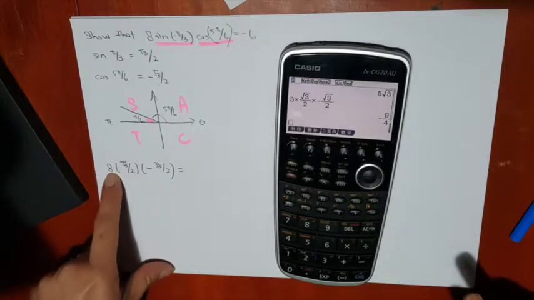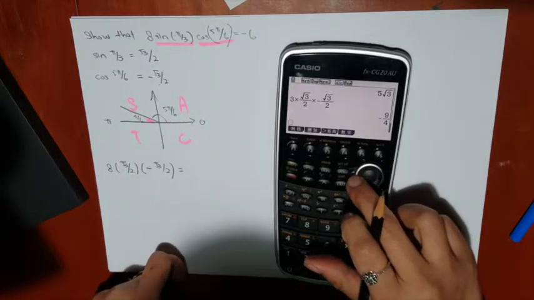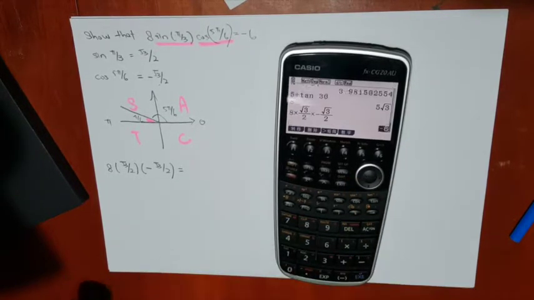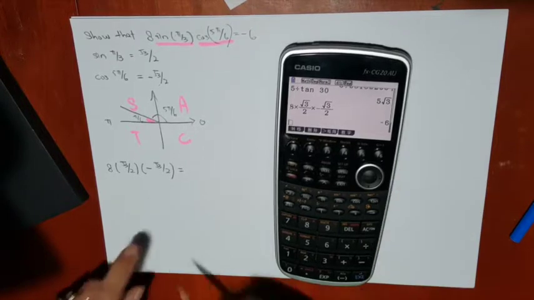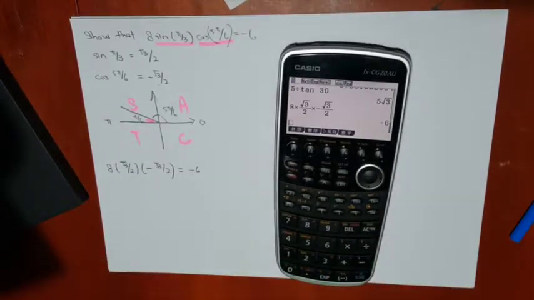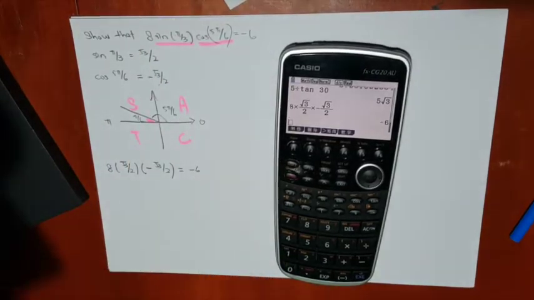Oops, that's an 8. Let's do it again. Okay, so I got -6, which is the same as this one. So this is done. I have shown that this equation is equivalent to -6.